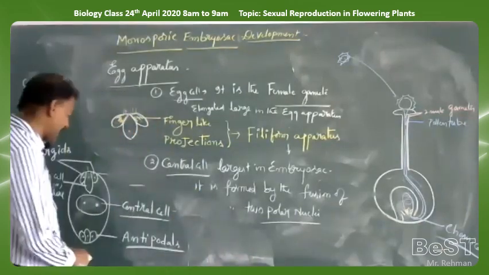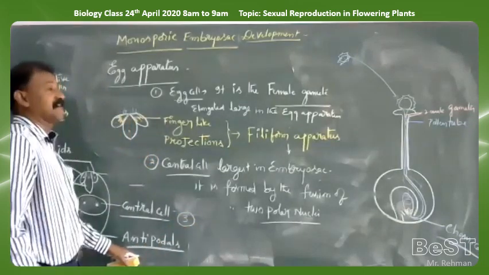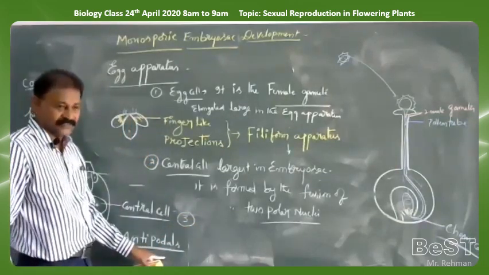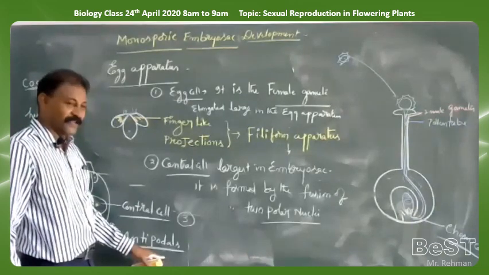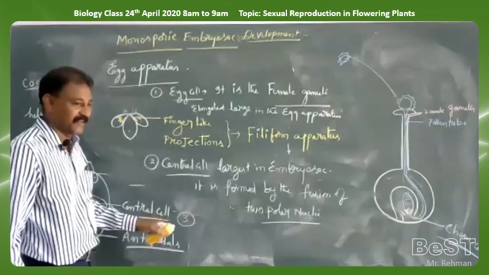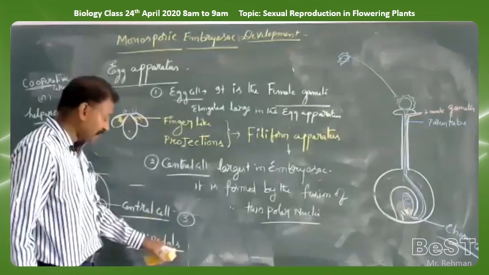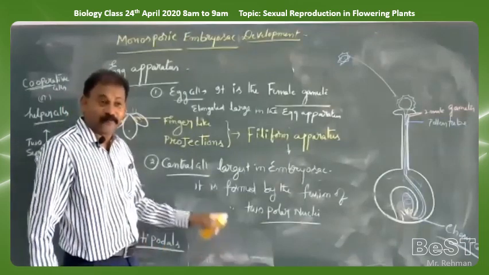Now the last one, antipodals. Antipodals are called vegetative cells. Vegetative means they were compulsory for the body, as body cells, as structural components, but they do not have any importance.